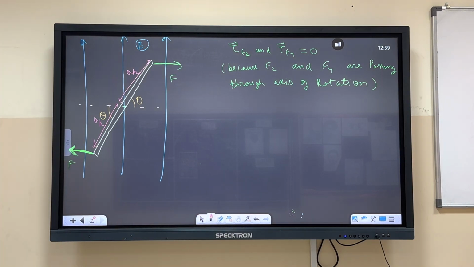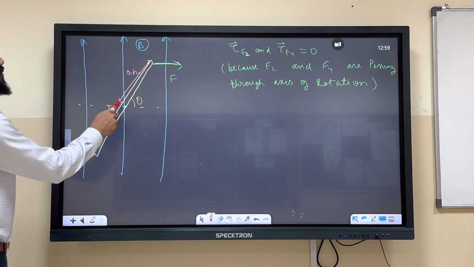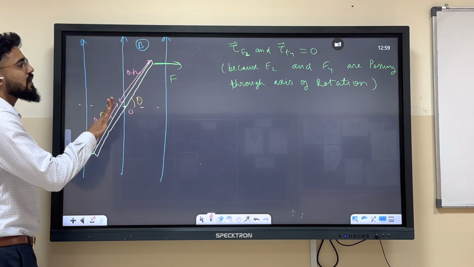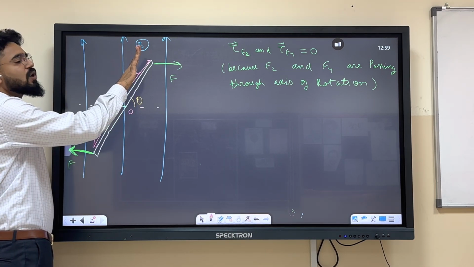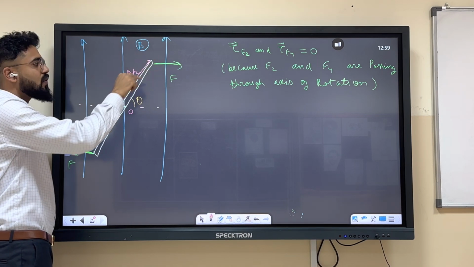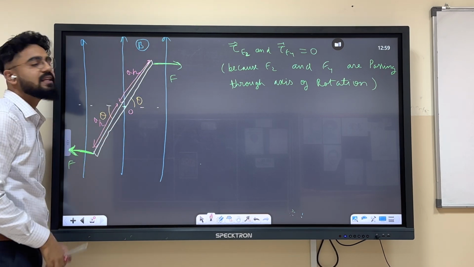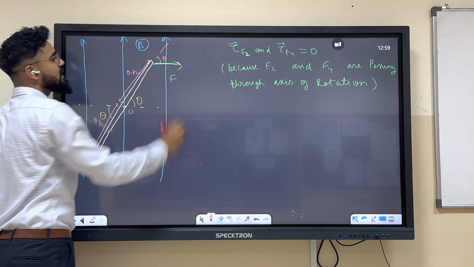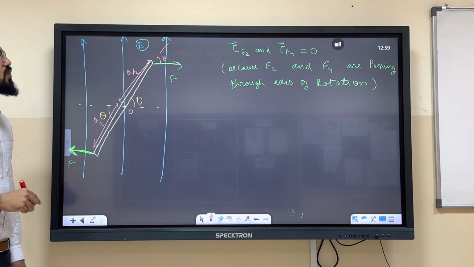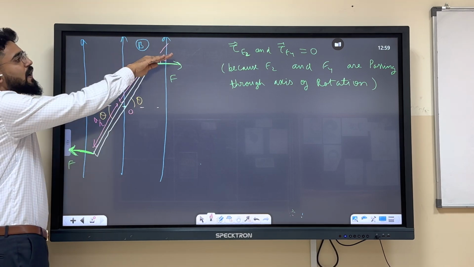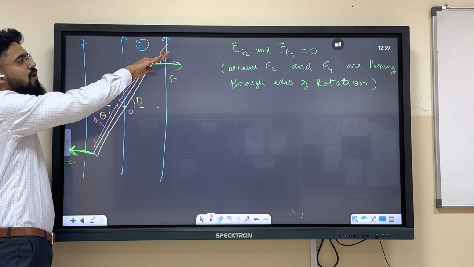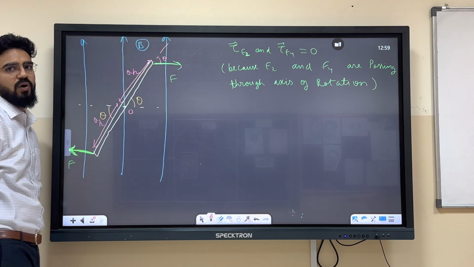So we know the torque over here about this point O will be R cross F or RF sin theta, correct? What is the theta between them? Is this. Or if you do not want to do it like this, take F sin theta and F cos theta. Torque because of F cos theta will be 0, and F sin theta will give some torque.